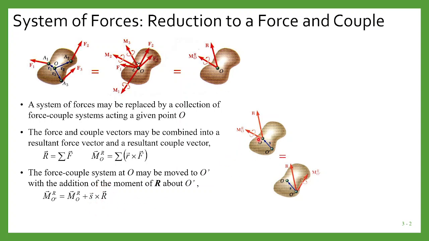Suppose we want to move this force couple system from O to O dash, and suppose S is the displacement vector between O and O dash. Then our resultant will be force R plus a moment MO dash, and MO dash equals MO plus the moment of R about O dash.